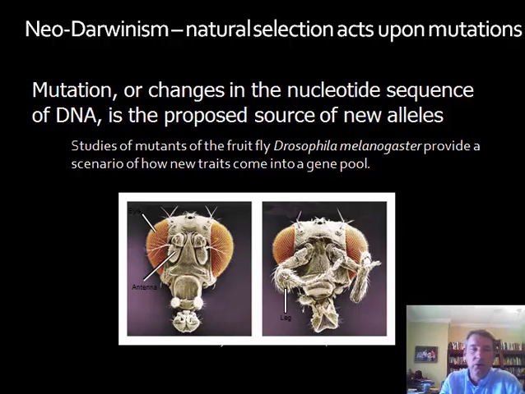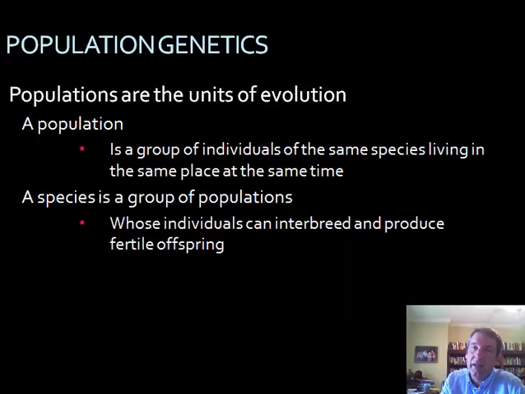Now we want to move into a new topic related to evolution, and that is the study of genetics, continuing on with genetics in populations and how these things change over time, very closely related to natural selection and how natural selection acts upon these populations. So we start with the definition of a population: a group of organisms belonging to the same species that live in a particular area. Again, a species is individuals that can mate and produce fertile offspring.